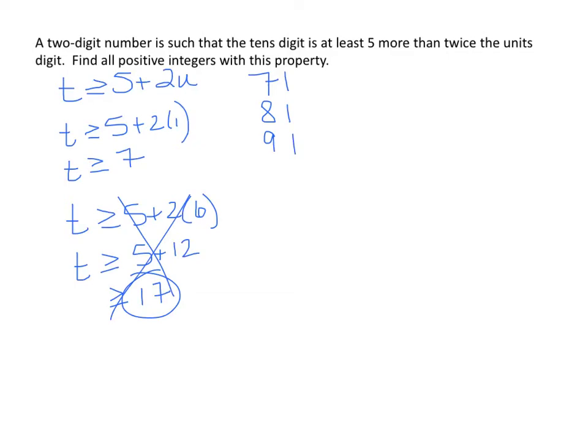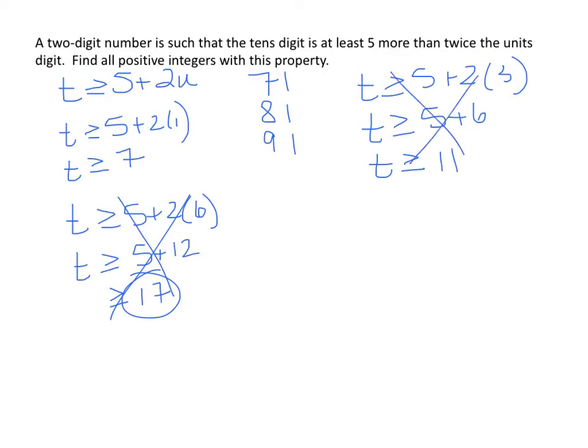Okay, what if the units digit is 3? Nope, that won't work either. What if the units digit is 2? Well, my tens digit can be 9, so 92 will work.